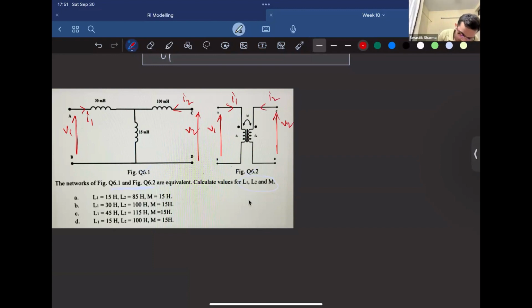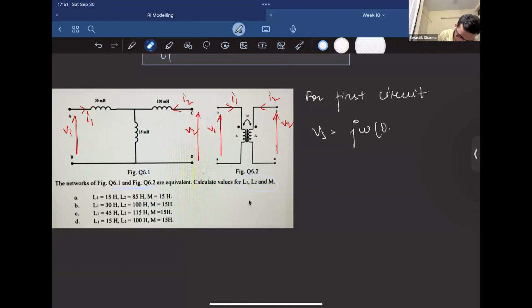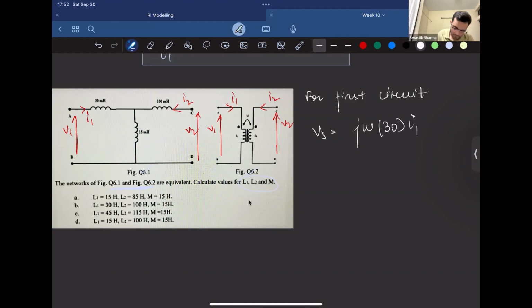So for the first circuit, let's write for first circuit. V1 is equal to j omega times 30 I1 plus j omega times 15 times I1 plus I2.